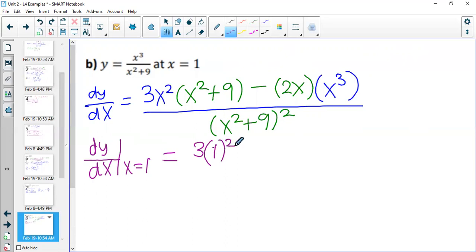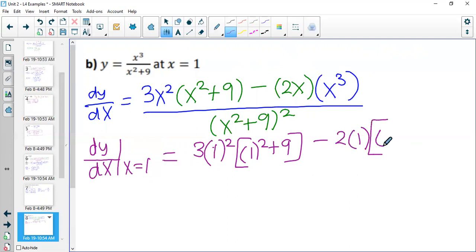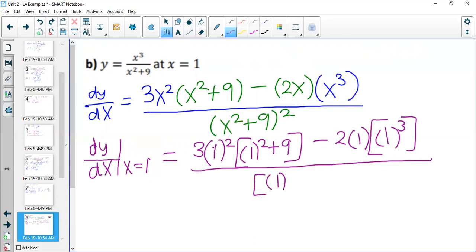So 3 times 1 squared instead of 3 times x squared. And instead of x squared plus 9, 1 squared plus 9. Notice how I'm using the large square brackets here. Minus 2x, 2 times 1, with my x cubed in square brackets. Always clarify with me if you don't understand how and why I use the square brackets. 1 squared plus 9 squared.